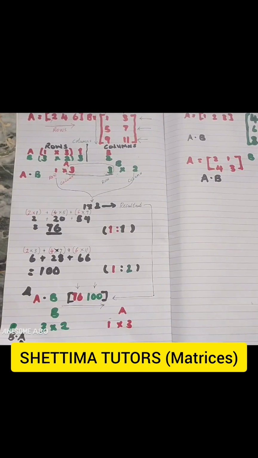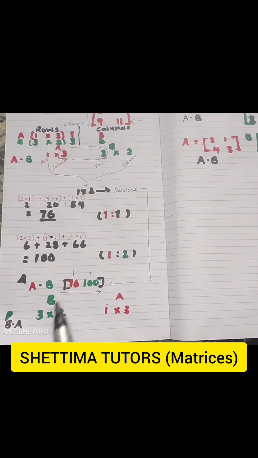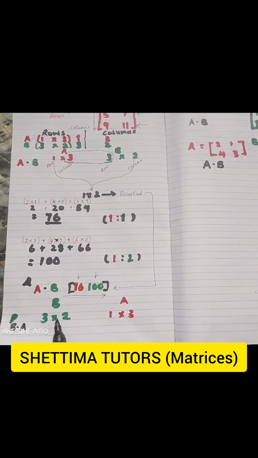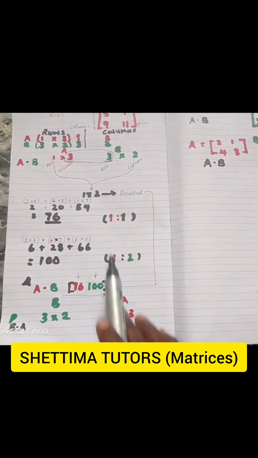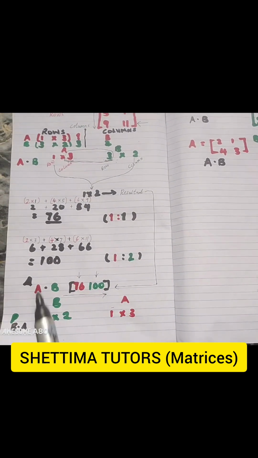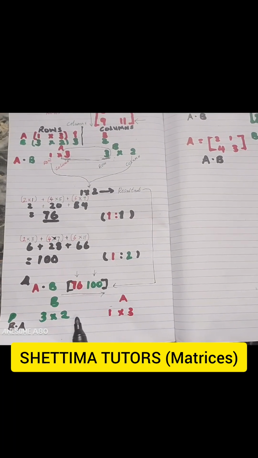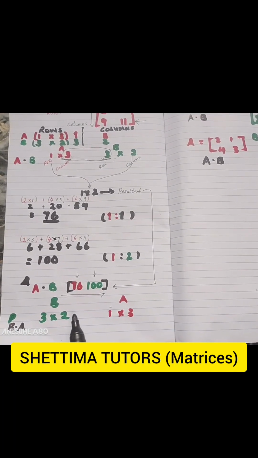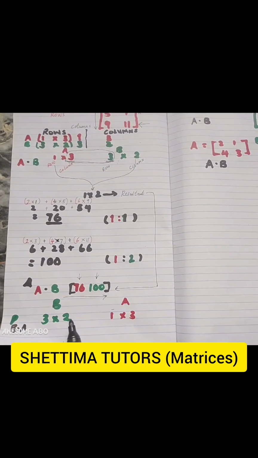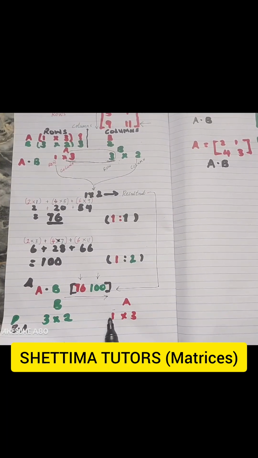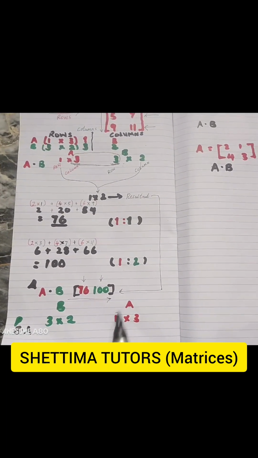Since B is a 3 by 2 matrix and A is 1 by 3, I want to switch them over and see B and A. If the column of the first and the row of the second are not the same, then it will not work.